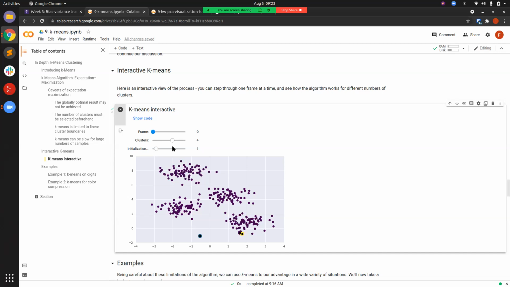So here's an example. We randomly initialize our cluster centers as shown here. It's a little difficult to see, but I have a purple one here, a green, a yellow, and a blue one here. And let's step through it.